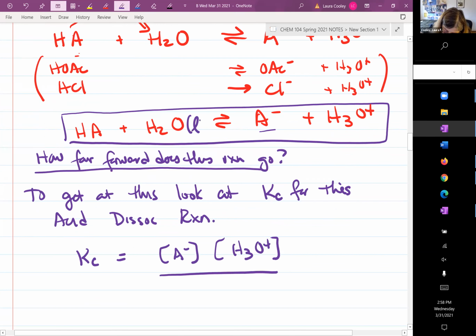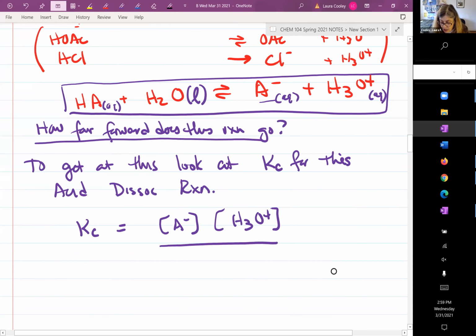Now remember, water is a liquid here. I haven't written it in, but in every one of these reactions with water, the phase of water is liquid. These other phases are aqueous. So they will all appear in the equilibrium constant expression, but the H2O will not.